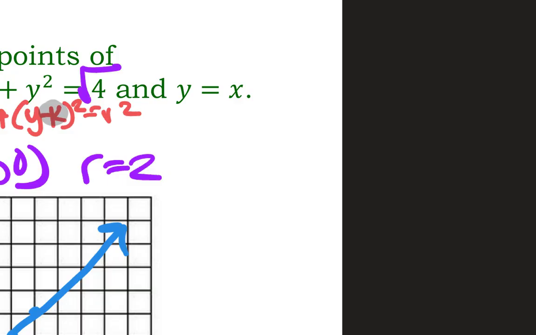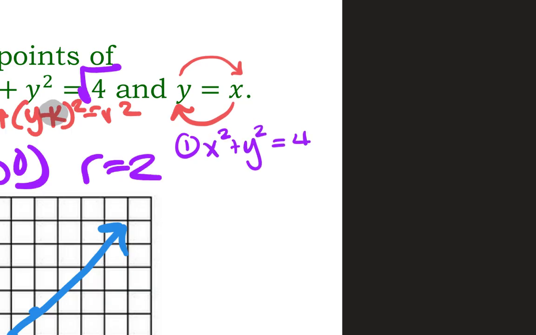We're going to substitute in the y for the x and the x for the y in two separate problems, okay? So the first step is I'm going to take the x squared plus y squared equals 4, and I'm going to plug in the x for the y. So instead of writing y, because they're equal, I'm going to put an x. So I'm going to put x squared plus x squared equals 4.